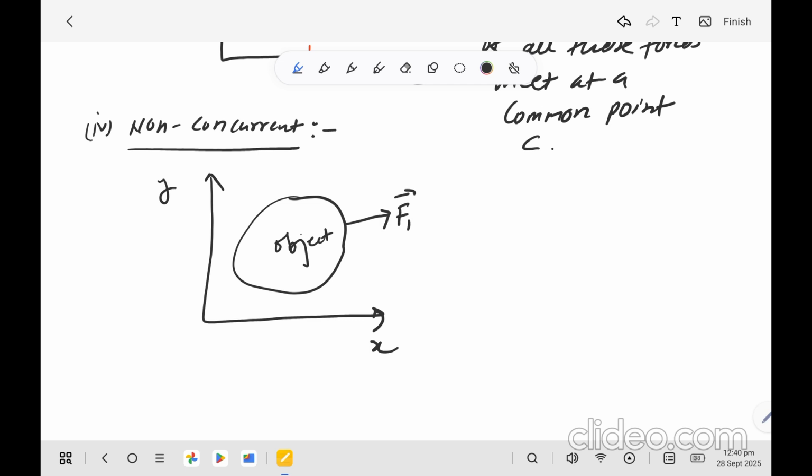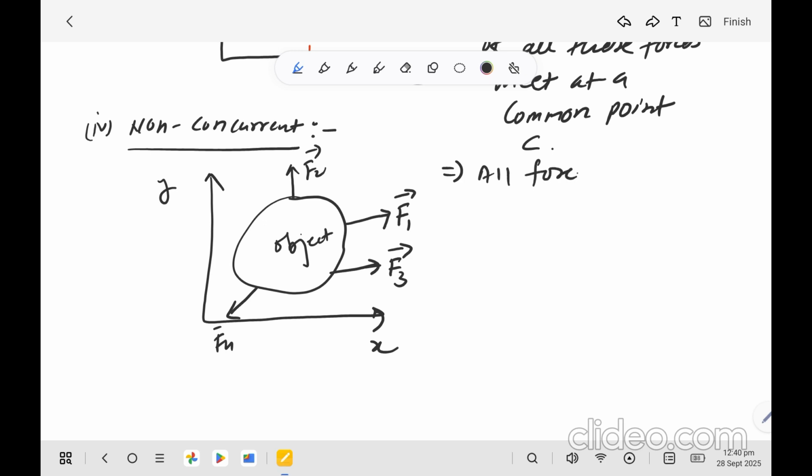So let's say F1 is acting in this direction, F2 is acting here, F3 is acting, let's say, in this direction, F4 is here.